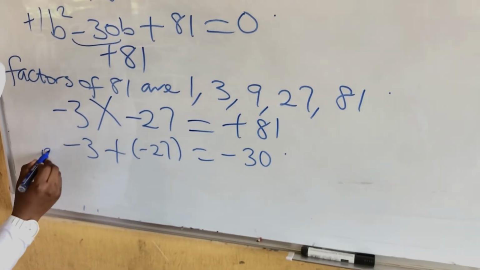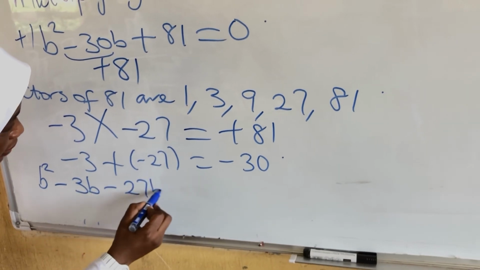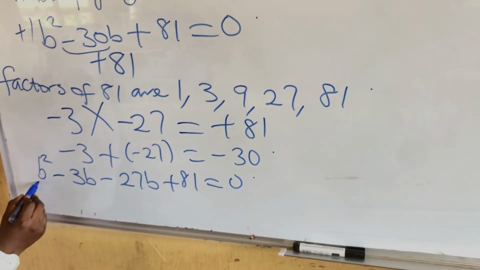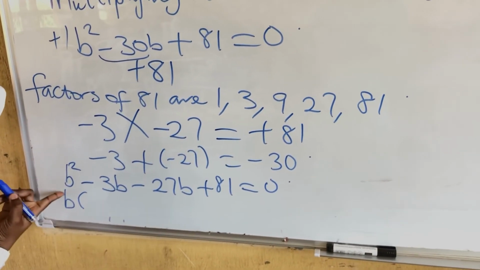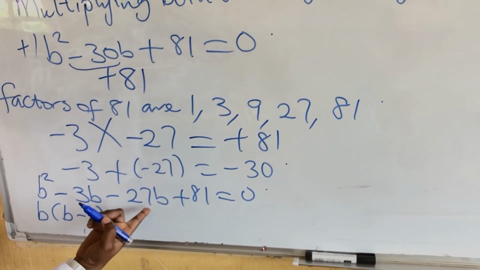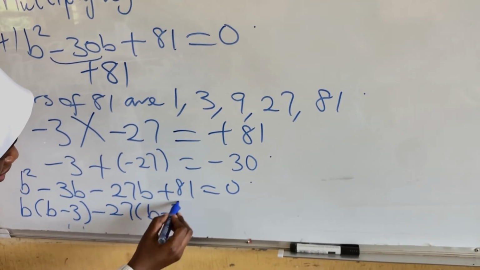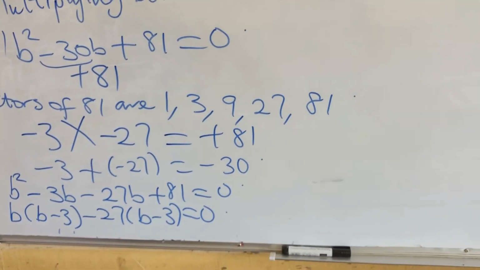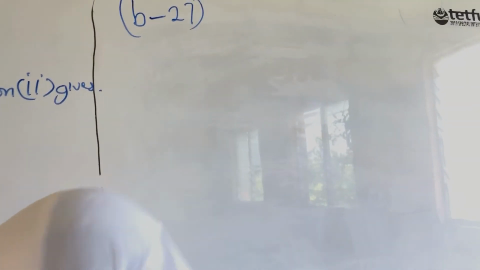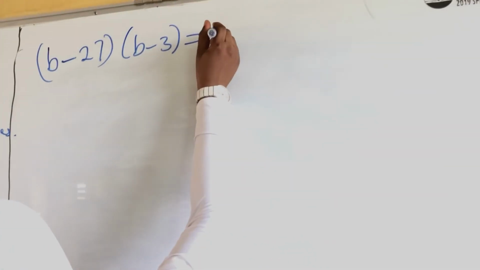So B squared minus 3B minus 27B plus 81 is equal to 0. So if you factorize B out here, we have B minus 3. Then factorize minus 27 out. So we have B minus 3, minus 27 times B minus 3, everything is equal to 0.